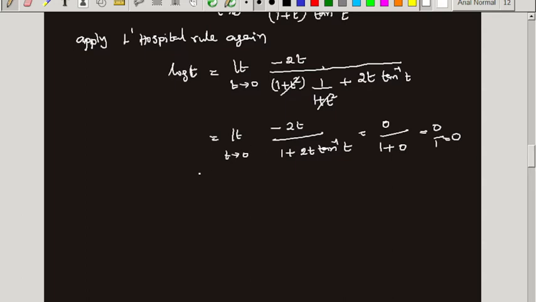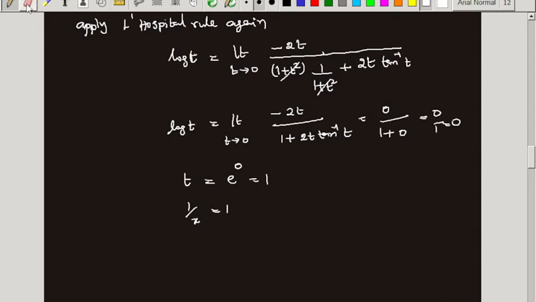On the left hand side, log k equals 0. So k is e power 0, and e power 0 is 1.